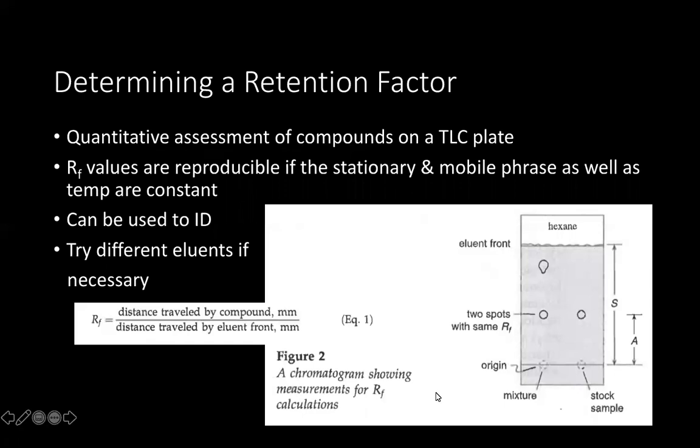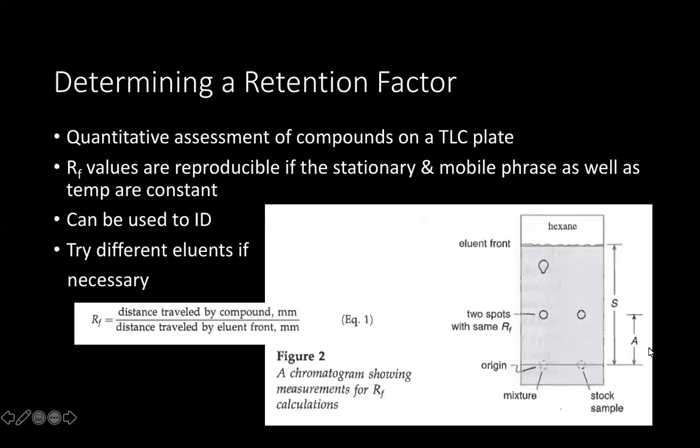The distance traveled by the eluent front is indicated in the illustration in the lower right-hand corner of this slide. That's S on this TLC plate. Basically, the eluent front is measured from the origin line, the starting line, up towards the top of the plate, where the eluent front stops after you've removed the TLC plate from the chamber.